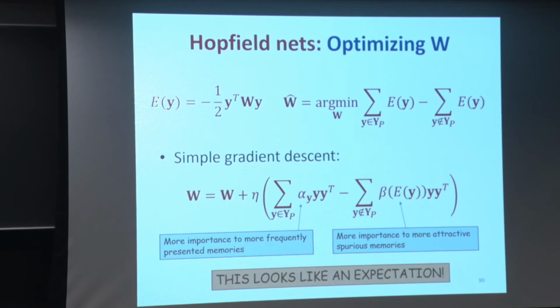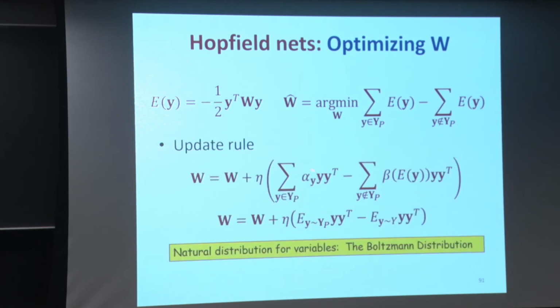So overall, these actually look like expectations. You can think of this as the expectation of the outer product computed over a probability distribution for target patterns, where the importance of the target pattern is given by this probability distribution yp, right?